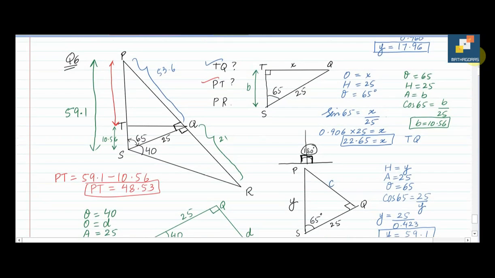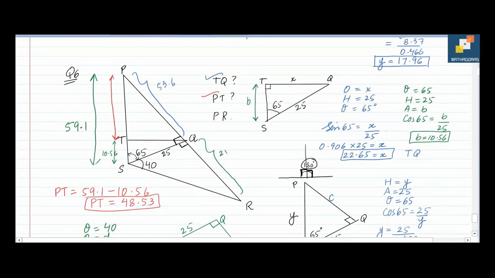If you ask for any tips or any tricks that will make the question easy, there is only one trick, that you need to draw or you need to split your diagram in different triangles. If you split your diagram in different triangles, it will make your question very easy.